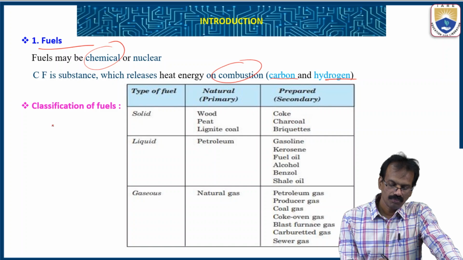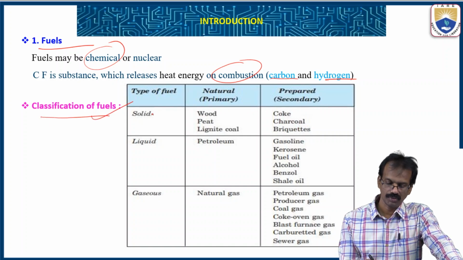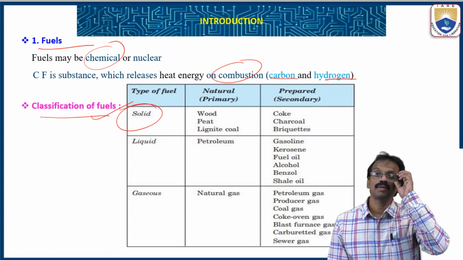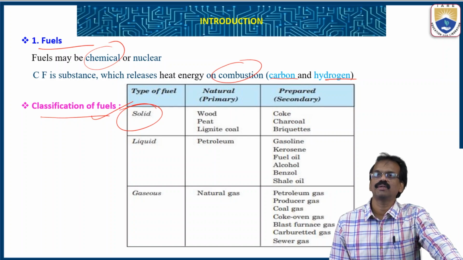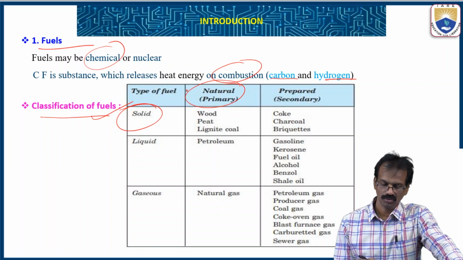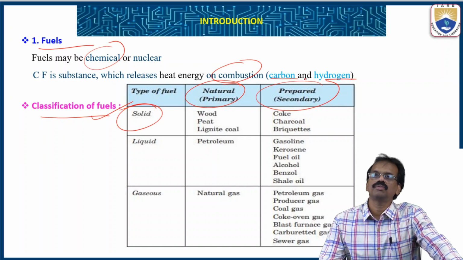Classification of fuels: solid fuels. You know that first of all there are solid fuels, natural or primary and prepared. These are the primary sources of solid fuels. These are the prepared secondary fuels we will get.